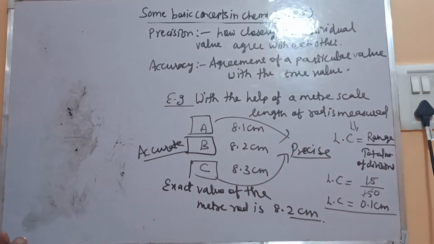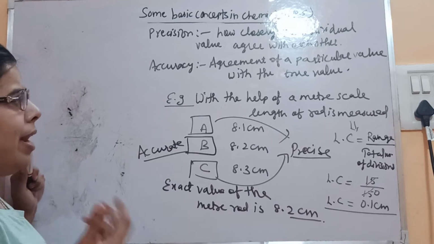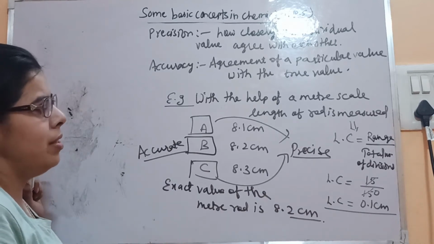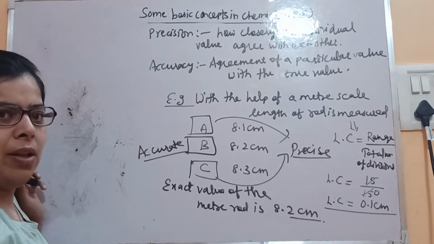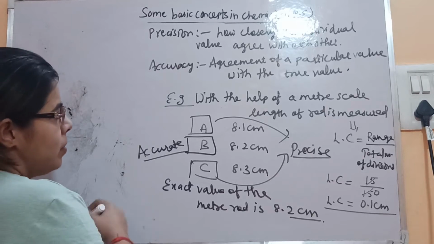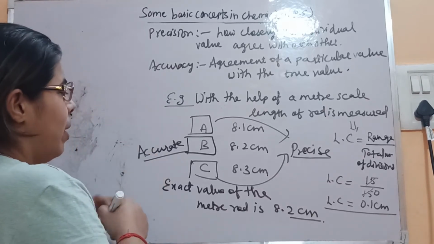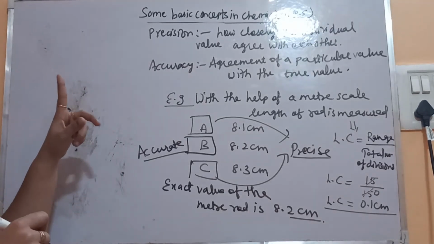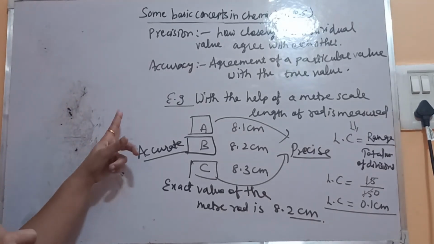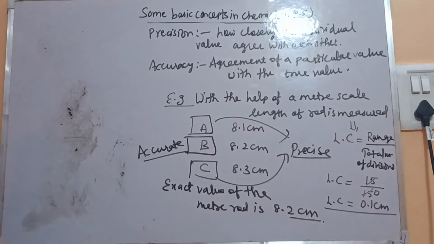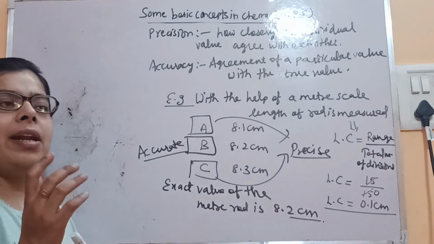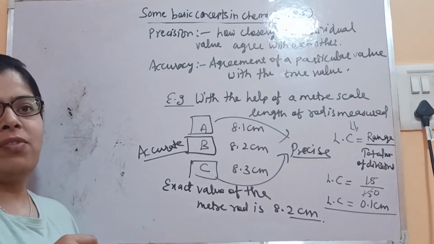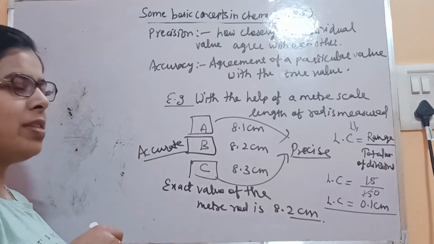Okay. Now let's say the length of the rod is not 8.2 centimeter. But before this, let's see one more thing. We are discussing the first part, that the measurement depends upon the skill of the person. Here it means the person has not correctly measured the length of the meter rod with the help of the meter scale, because they all have used the scale only.